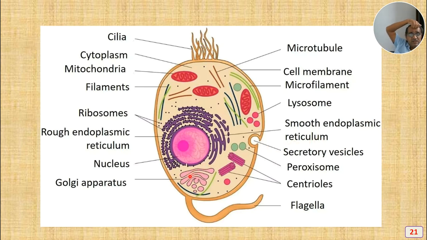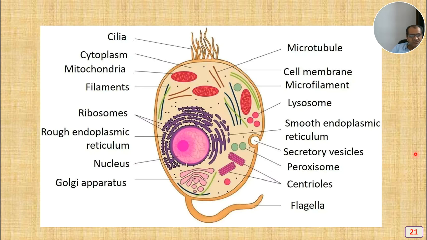Both are present, whereas some secretory vesicles are also there which may contain neurotransmitters, etc. The blue structures are called the peroxisomes. Then centrioles are very much required for cell division. They also adhere to the spindle fibers, etc., and during cell division they are very much required.